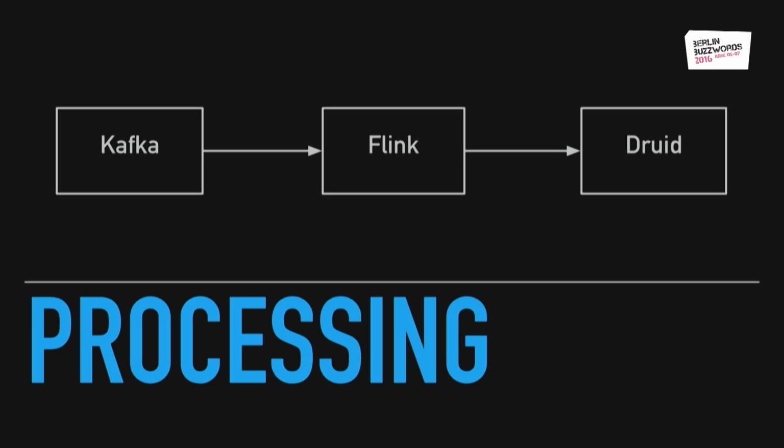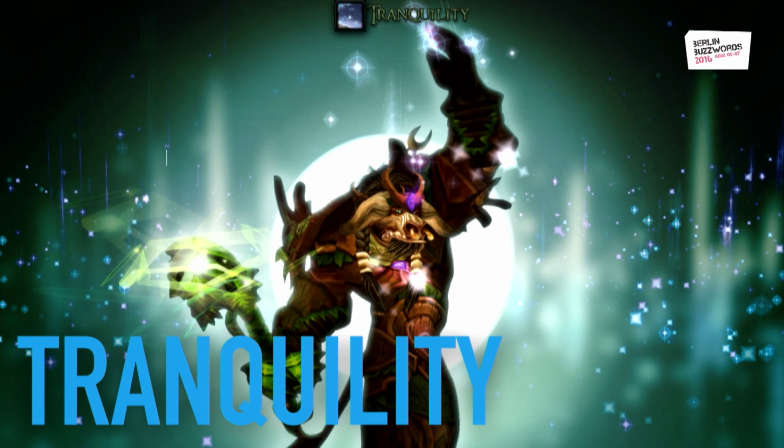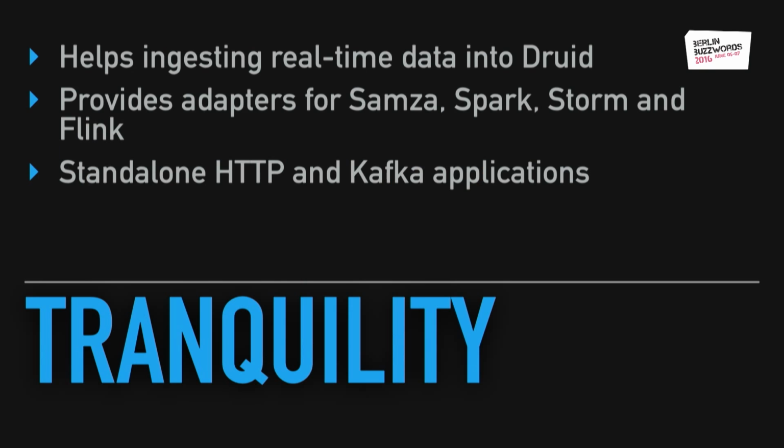Now, the question is how to combine Flink and Druid. There's a sub-project of Druid called Tranquility. Tranquility is made for this purpose of putting real-time data push-based into Druid. It provides several adapters, like for Samza, Spark, Storm.